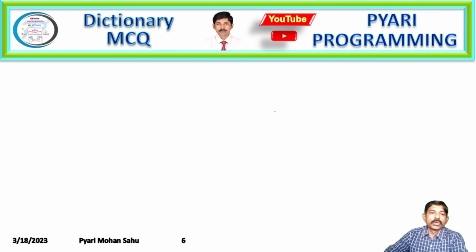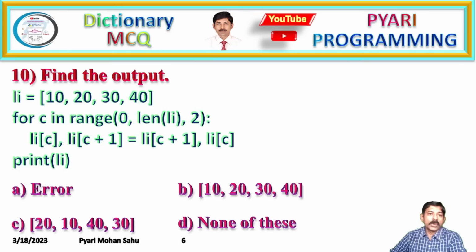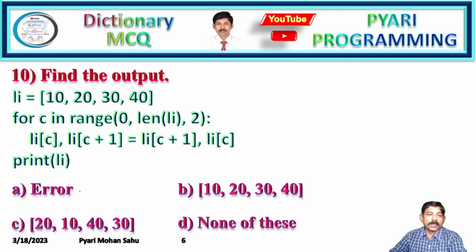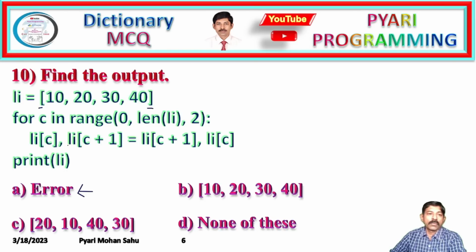Now let's see the next question. The question is about a list again, and we have a for loop also. Let's go for the options directly. We have error. That means the first job is to find out the error. The list is enclosed within square brackets, no problem. Each element is separated by a comma. For c in range, we are using range, which means 3 parameters are required.